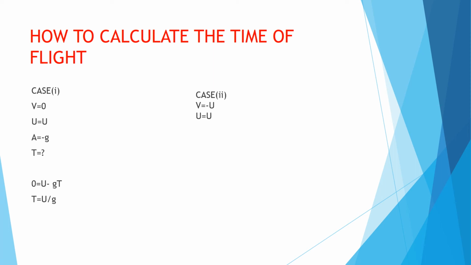Let us take initial velocity as u and acceleration as minus g. We need to find the time taken. If we again put in the formula v is equal to u plus at, then it will come minus u is equal to u minus gt. Then time is equal to 2u by acceleration due to gravity.